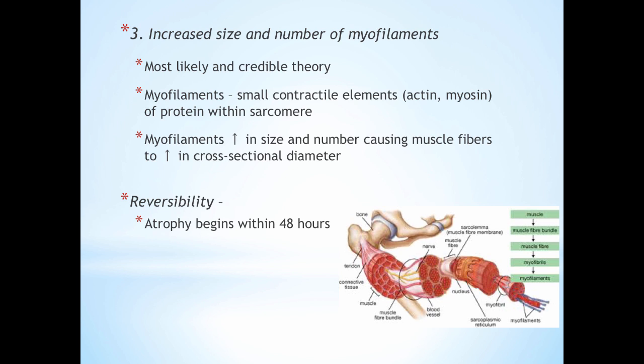So going from greatest to least, you have the muscle, and then you have the muscle fiber bundle. Inside that, you have the muscle fibers. Inside of that, you have the myofibrils. And then lastly, the smallest unit is the myofilaments, which are the actin and the myosin. And then the myofilaments will increase in number and size, causing the muscle fibers to increase in cross-sectional diameter.